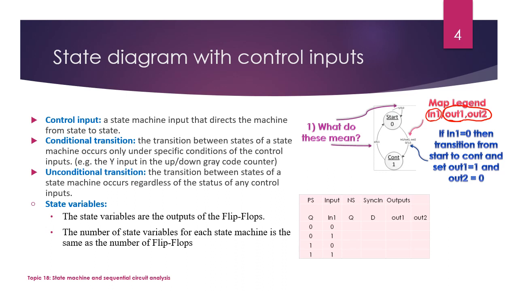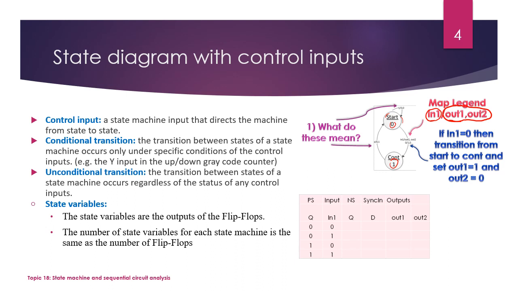Okay, because we use the flip-flop outputs to represent the states, right? So we need 1 flip-flop here. And when the control input is equal to 1, and let's say we are here, okay?